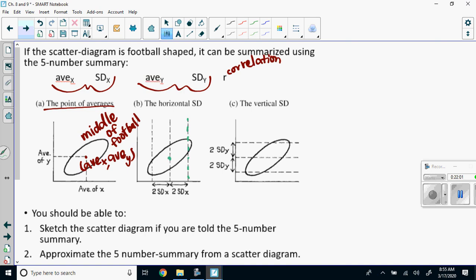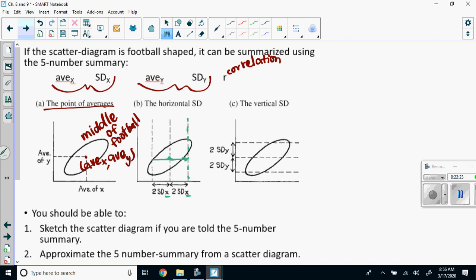So we have our middle point right here, 2 standard deviations to the right. So if I know the standard deviation is 10, 2 standard deviations would mean this distance is 20. And 2 standard deviations to the left gets us to basically the edge of the football to the left and the right. So that's our standard deviations for our x's, because that's going left and right.